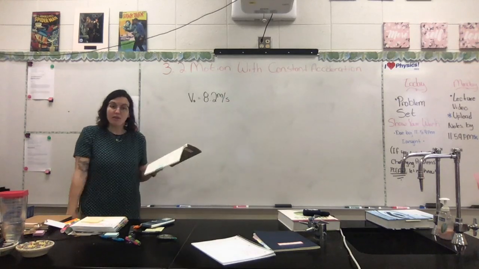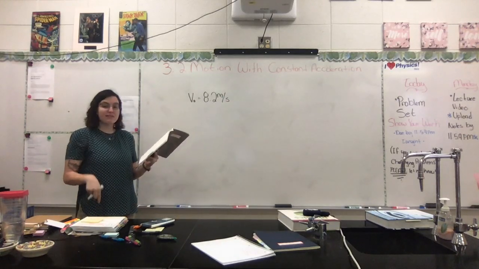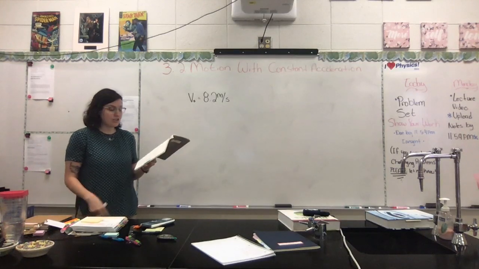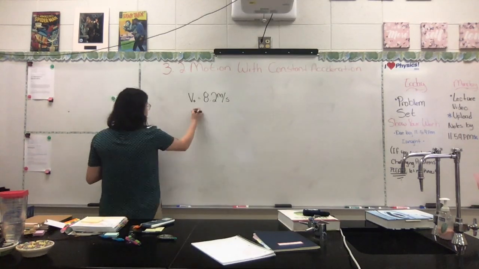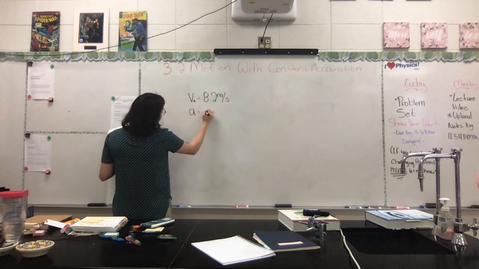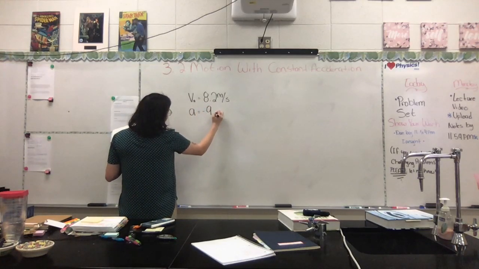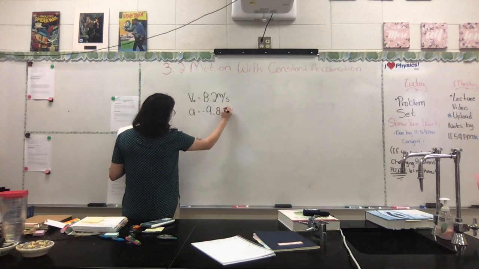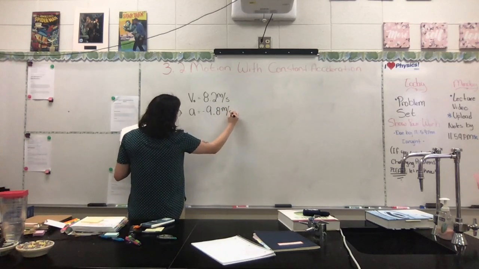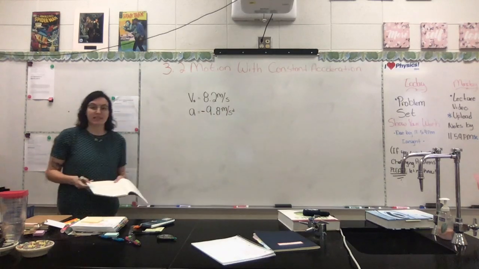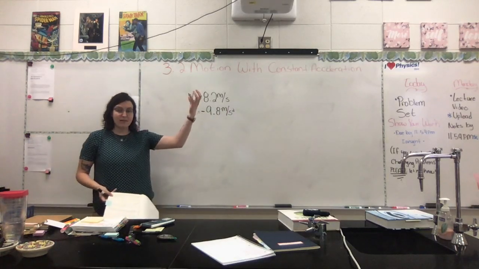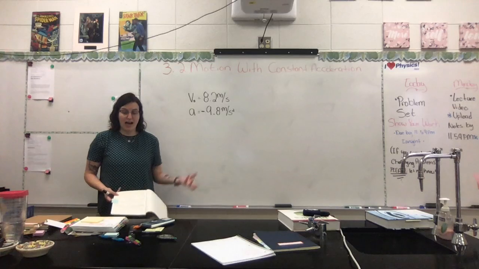Gravity, which is what holds us down to the ground, right? Gravity gives the ball a downward acceleration. And the downward acceleration that gravity gives the ball is that acceleration is equal to negative 9.8 meters per second squared. So negative 9.8 meters per second squared is going to be the acceleration on the ball after it's getting pulled down.